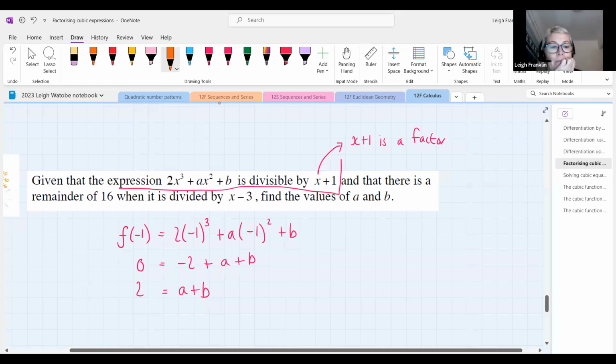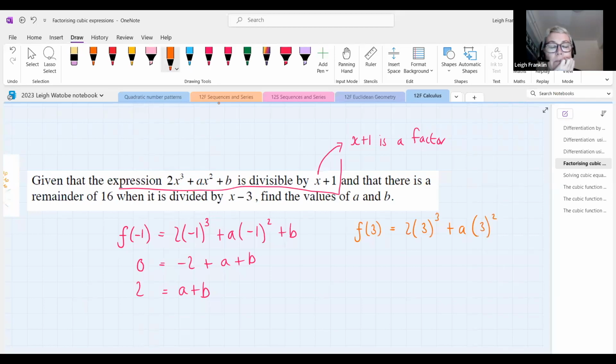I think you're going to do f of 3, which is equal to 2 times 3 cubed plus a times 3 plus b. And then what are we going to make f of 3 equal to? It's going to be equal to 16. Excellent. Good job. Well done, Lucinda. That's fantastic.